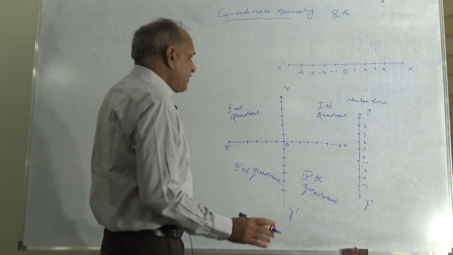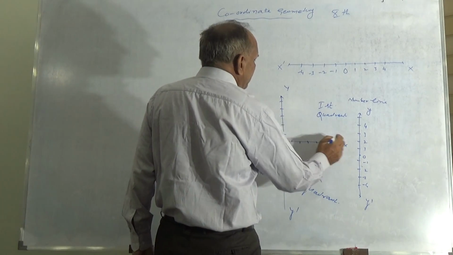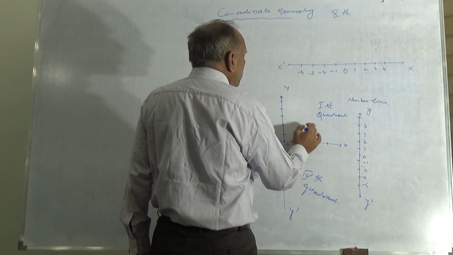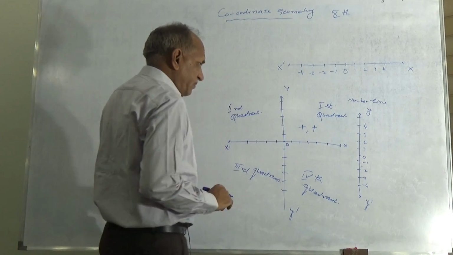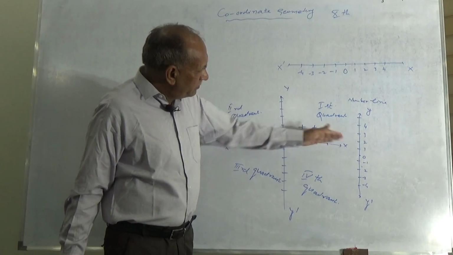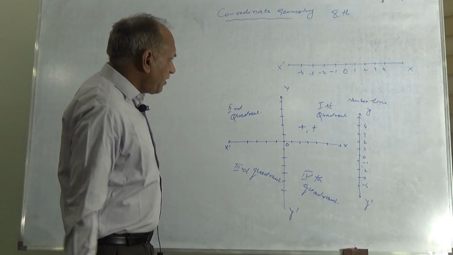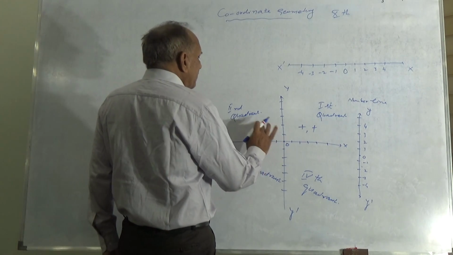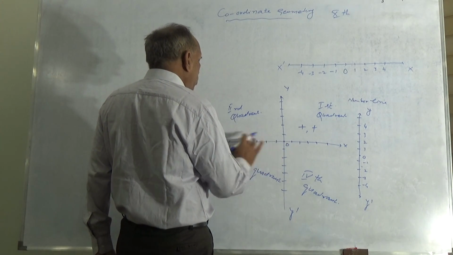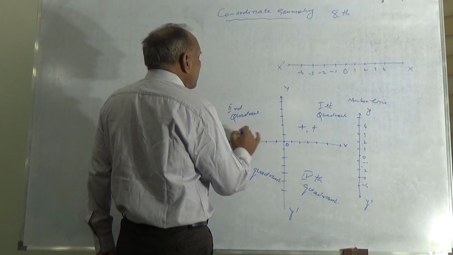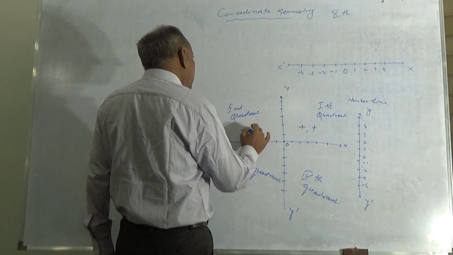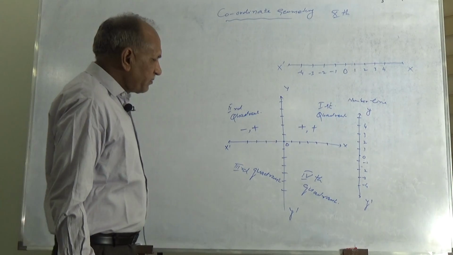In the first quadrant, the values of x and y are always positive. In the second quadrant, x is negative and y is positive.